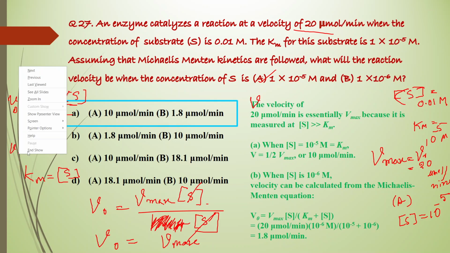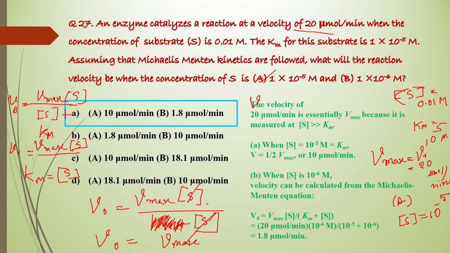So now our equation will become Vmax times S, and instead of Km, here also we can write S, because both of their values are the same for option A. So now our V0 would be Vmax S by 2S.